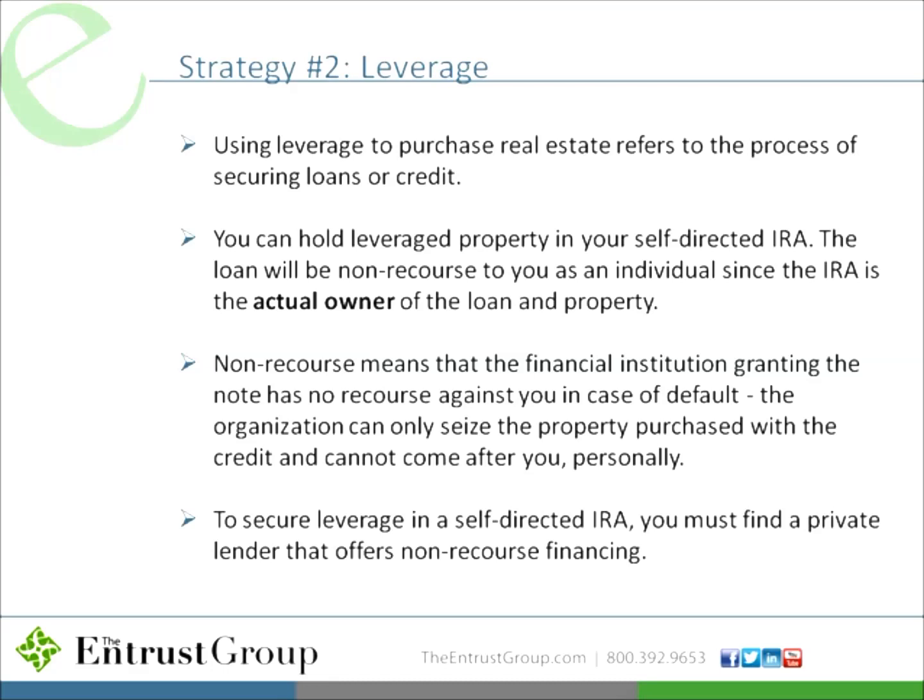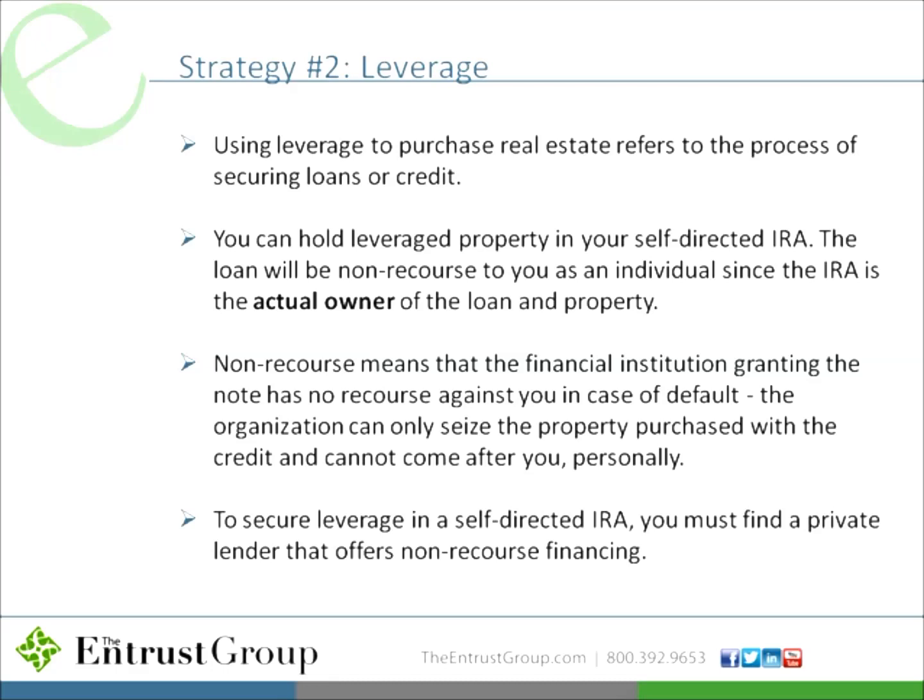Now they do that because without your personal guarantee, the bank wants to know, okay, if this is my only collateral, this property is all I have, if this deal goes south, is there enough equity in that property to liquidate the investment and pay off the loan? So in order to solidify that, they will generally require a slightly higher down payment than what you'll see in a normal deal.